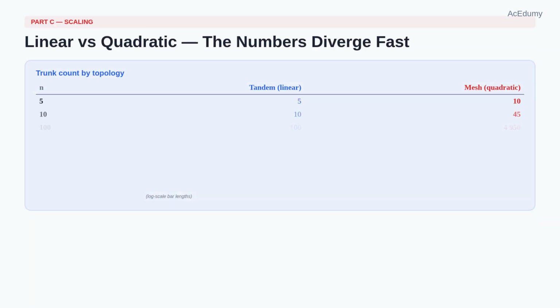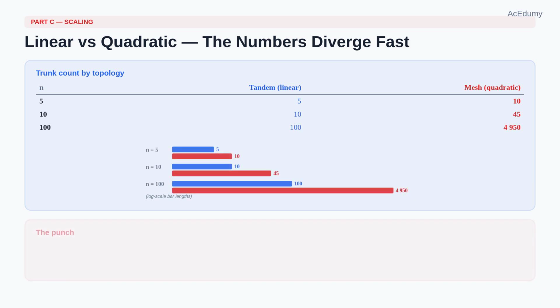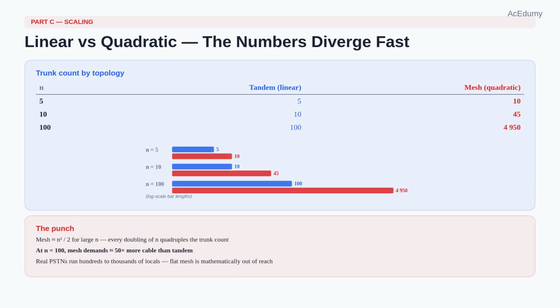Part C, and this is where the answer changes character. The tandem topology grows linearly with n, 5 locals, 5 trunks, 10 locals, 10 trunks, 100 locals, 100 trunks.